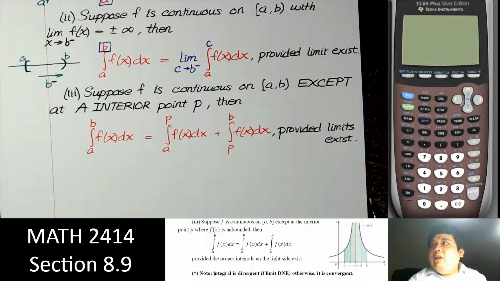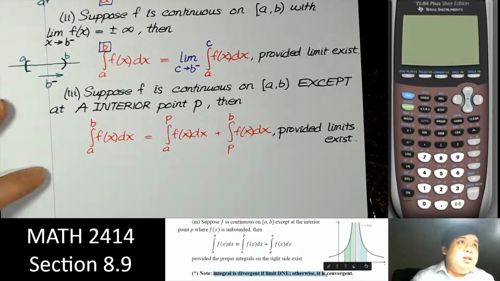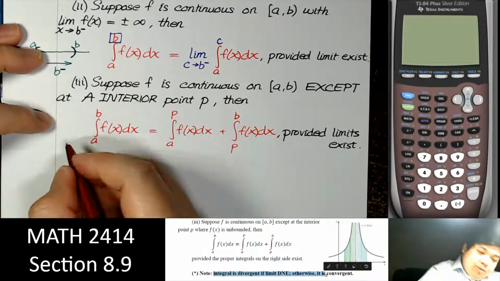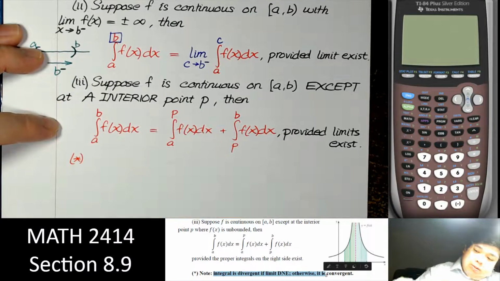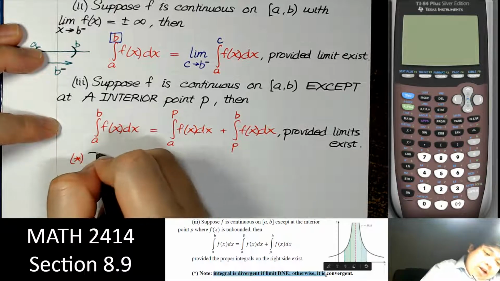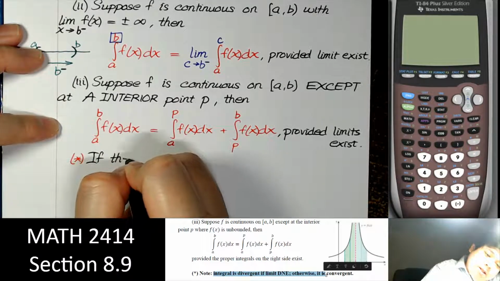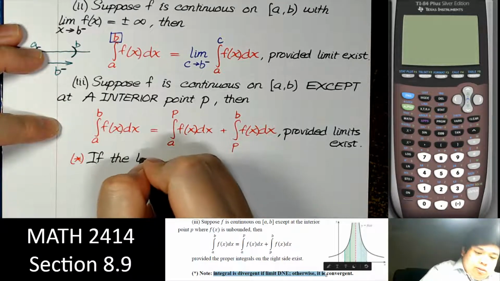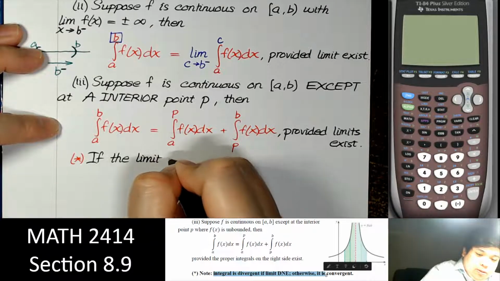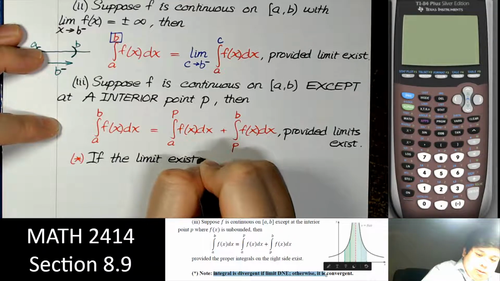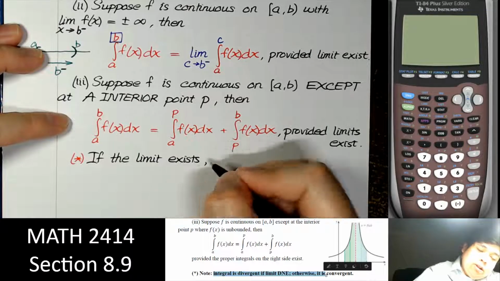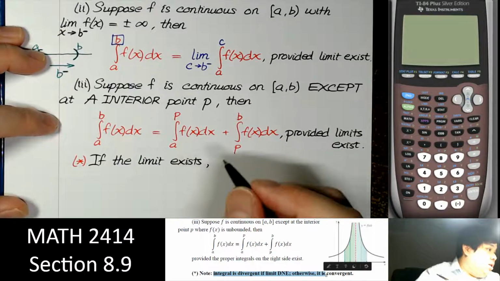And then we have the divergent and convergent like we had before. If the limit exists, the integral is said to be convergent.